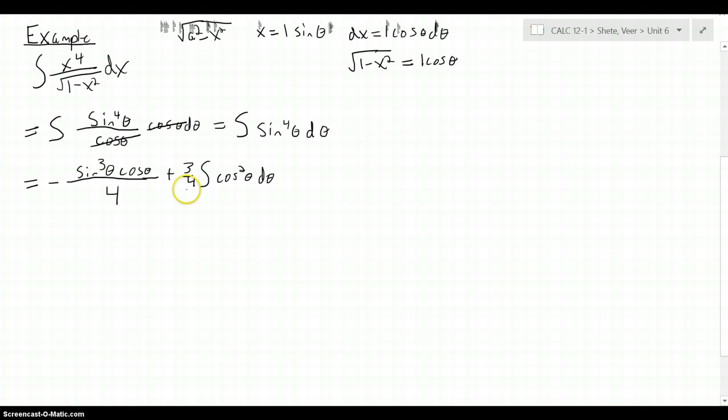Now we're tasked with finding the integral of cos squared theta d theta. Once again, when we go into our equations for trigonometric integrals, we can find that value as well.